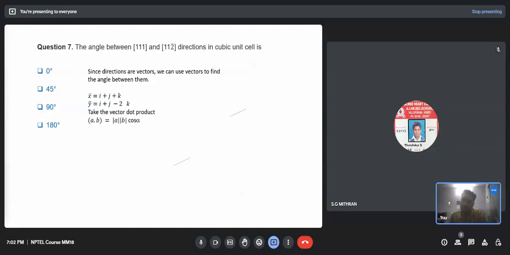So here two vectors are there. Now we have to calculate the angle. So the formula is cos alpha is equal to a dot b by mod a times mod b. That's how we can calculate it, and for alpha we can do cos inverse also.